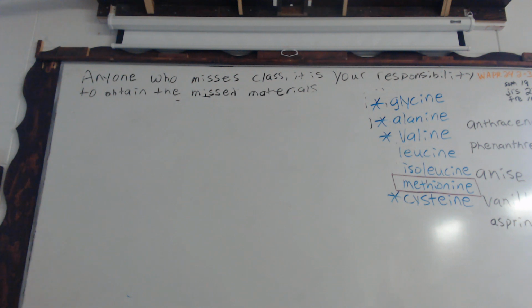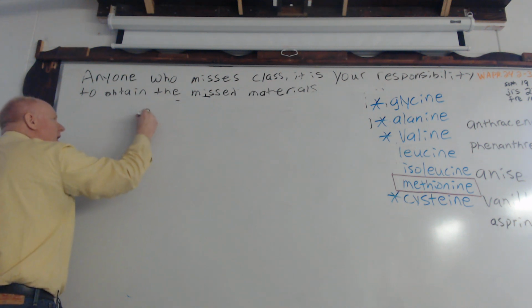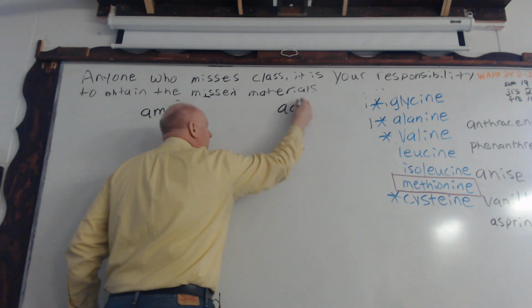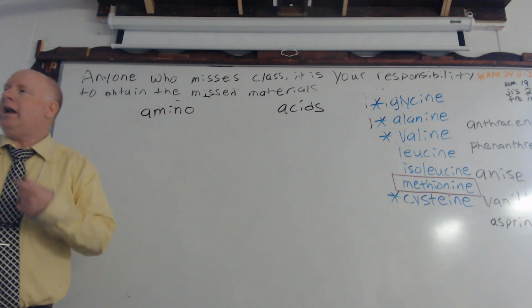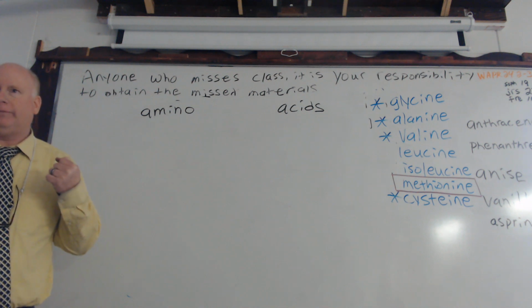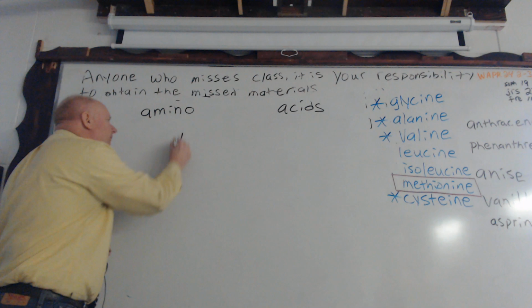So let's just look at this term. We probably have done this 3 or 4 times. Amino acids. If they have something in common, what is an amino group? Nitrogen's part of it.